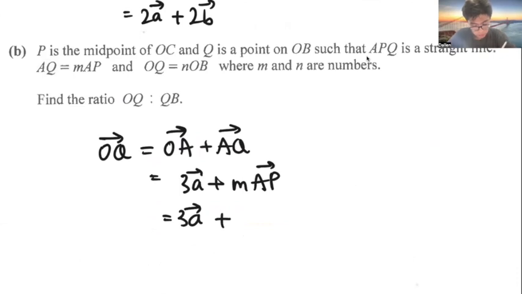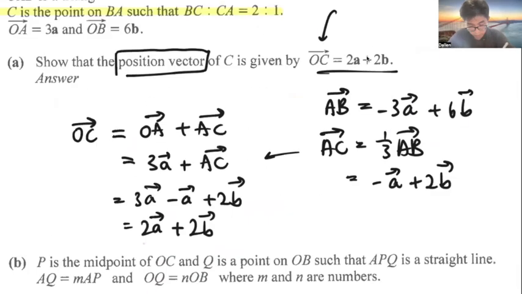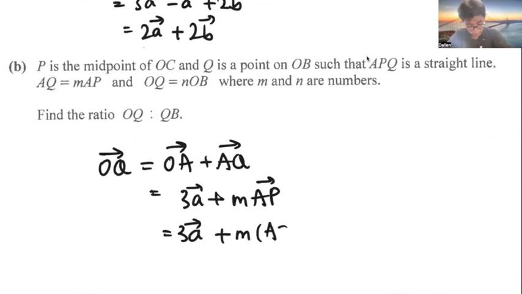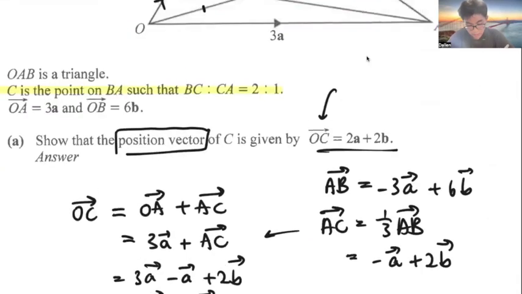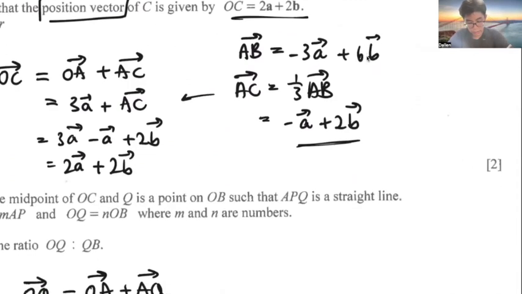So AP will be equal to AC plus CP, right? We will do step by step. AC, we found it here already, is minus A plus 2B.